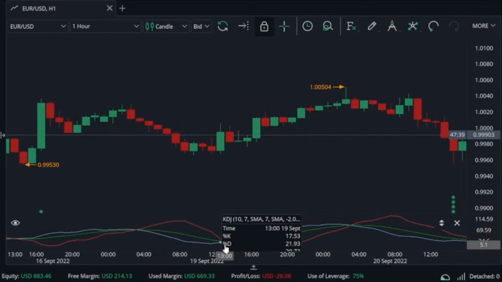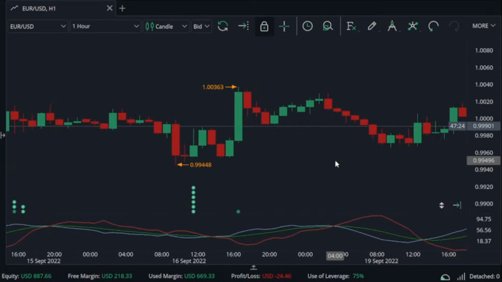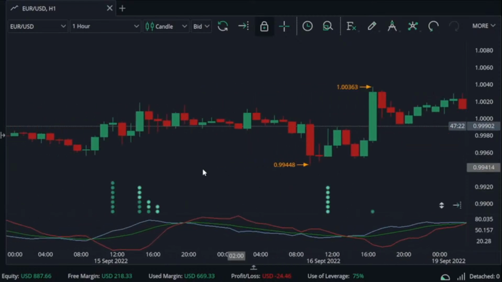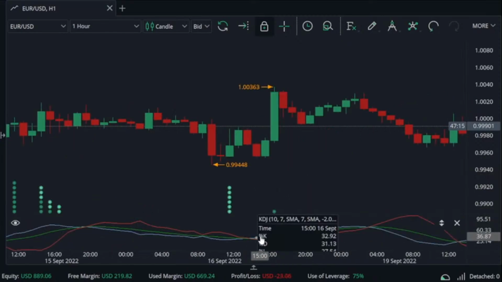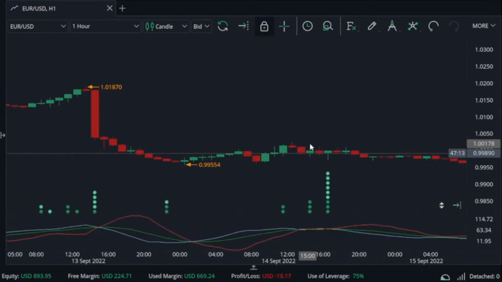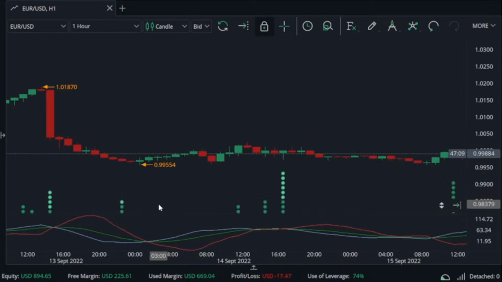And similarly, when the momentum had turned bullish, we saw this percent K line crossing above the percent D and percent J line, and then that momentum also went on to sustain, and we saw significant price move there. So this indicator is likely to give you reliable price signals whenever we have the momentum change for the underlying instrument. So you can utilize this indicator to look for trading opportunities.